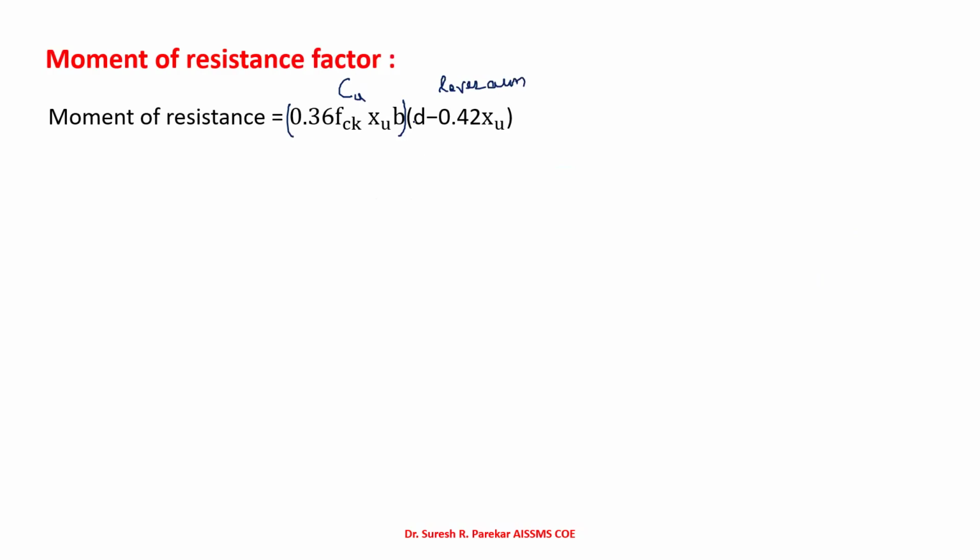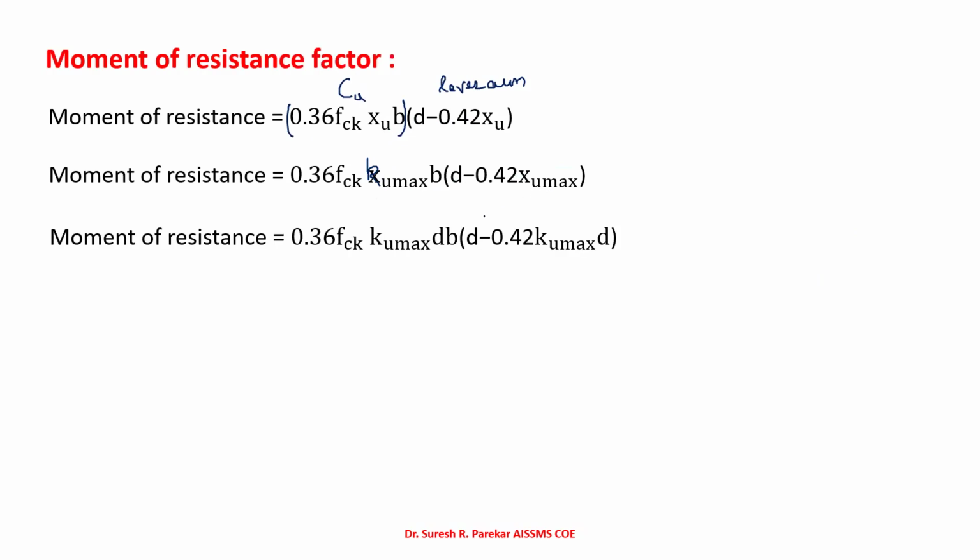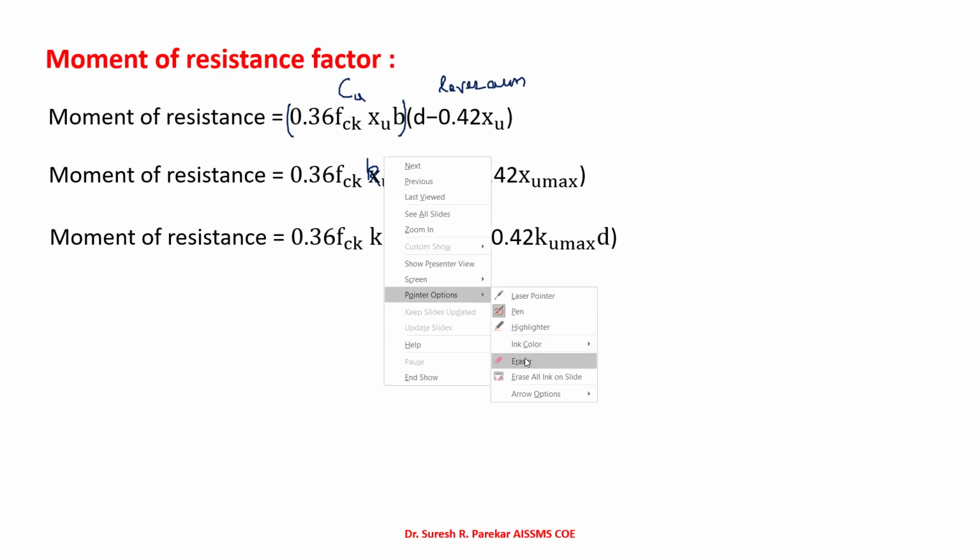And then if we put the values, we have Xu as Xu max, Ku max into (d minus 0.42 Xu max). Then we take d common, and we get Xu max. This is correct. So I have this as Xu max only.